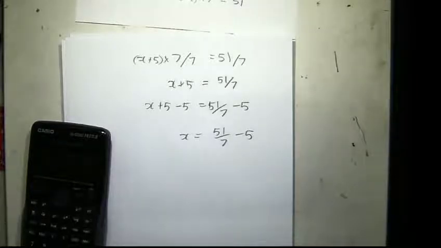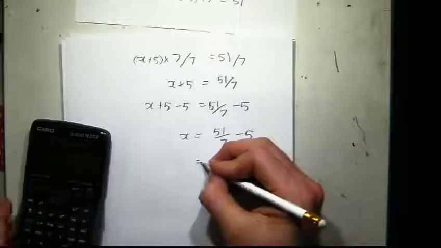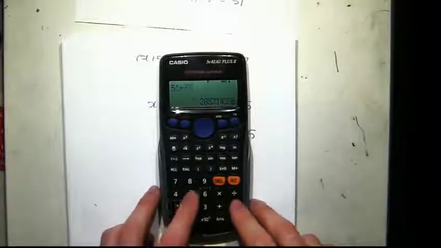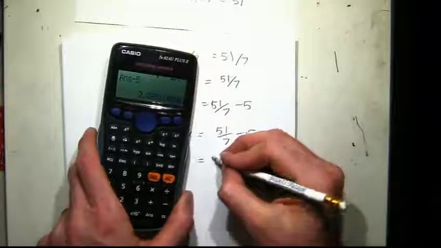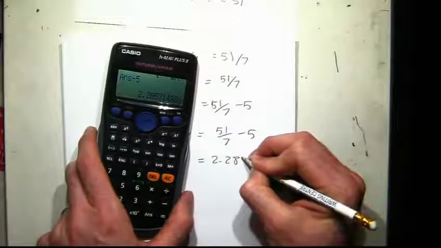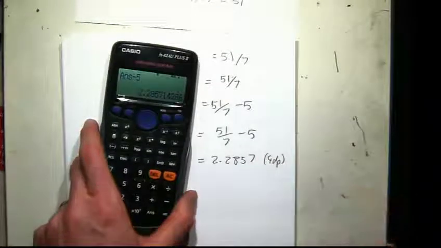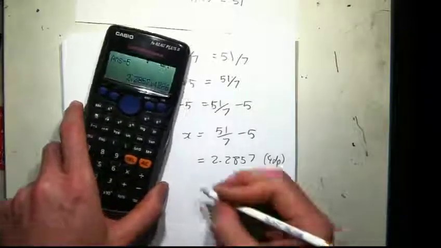In science, the answer would probably be rounded off to a couple of decimal places. So whichever seems appropriate in the context that you're working in. So in science, I'd actually just go 51 divided by 7, and then take 5, which gives me 2.2 to 4 decimal places. That would be in science.